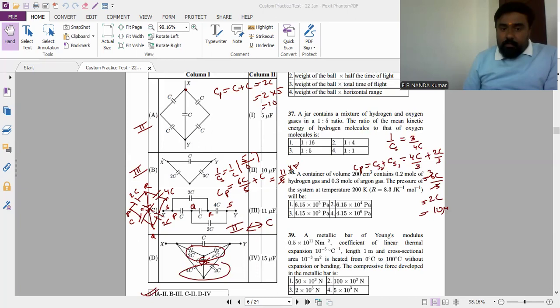So 2C and C connected in parallel, 2C plus C is 3C, and the total CP is 3C. 3 into 5 is 15, so 15 microfarad. So D matches to 4.